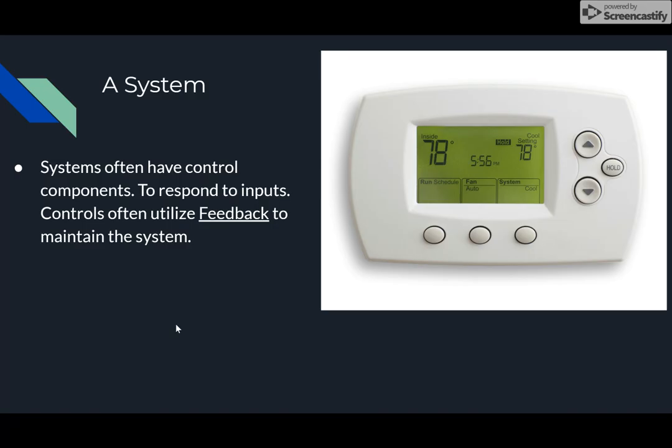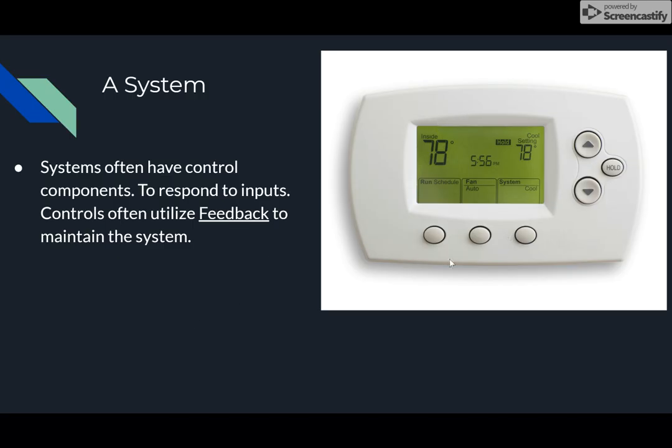Systems also have to control the responses they have to inputs. And often the way a system controls its response is through the use of feedback. Feedback is basically when a system produces an output that interferes with the way an input is analyzed.